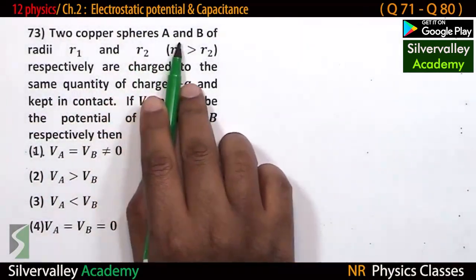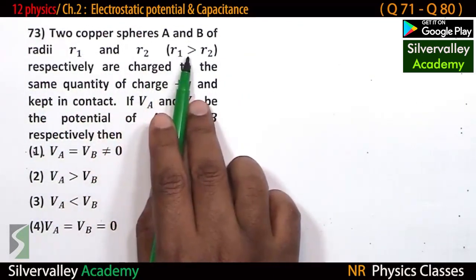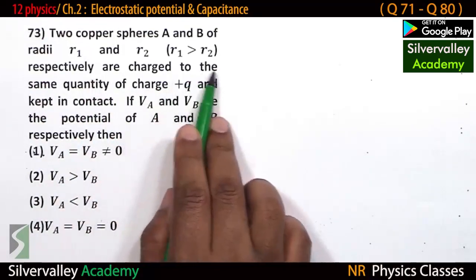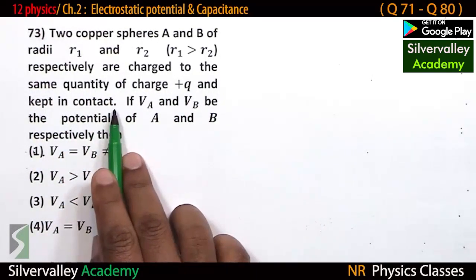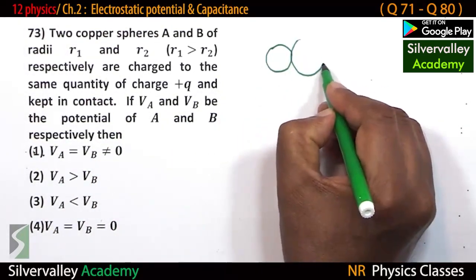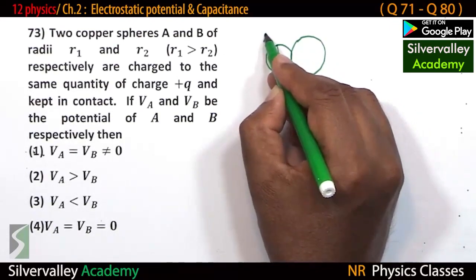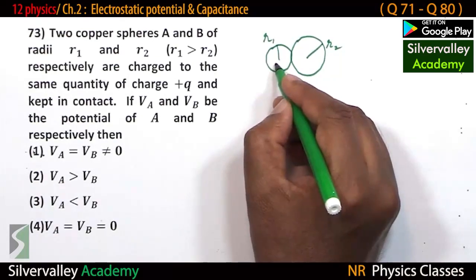Two copper spheres A and B of radii R1 and R2, R1 greater than R2, are charged to the same quantity of charge and kept in contact. Different dimensions, but they are in contact. This is R1, this is R2. They are charged.